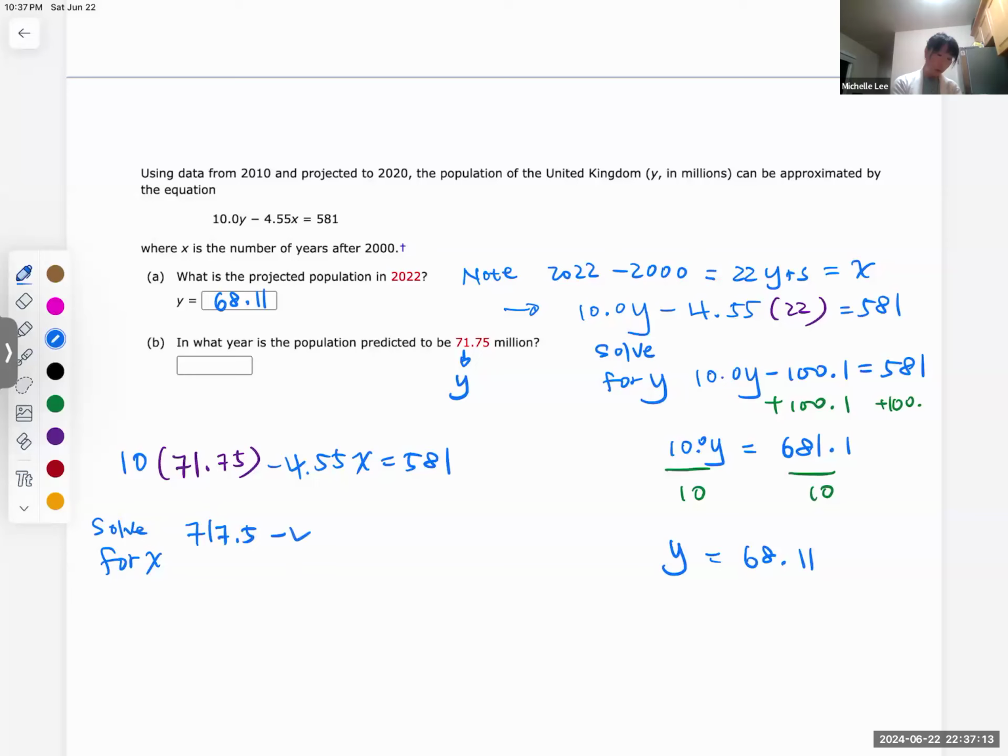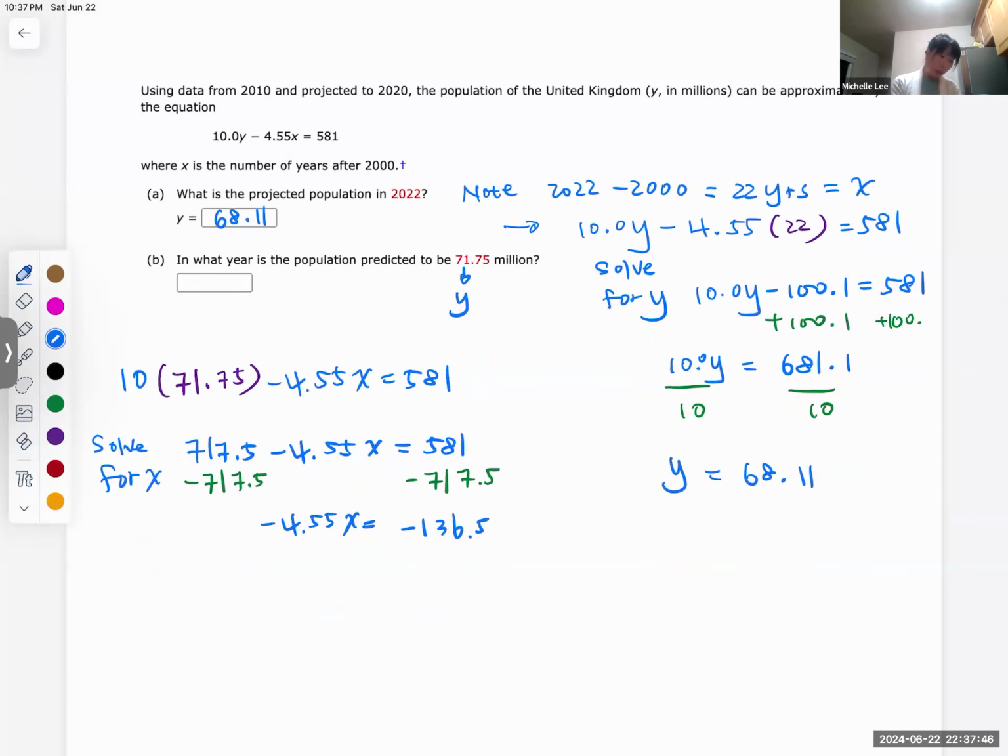So we get 717.5 minus 4.55x equal to 581. And we subtract 717.5 from both sides. So we get negative 4.55x equal to negative 136.5.